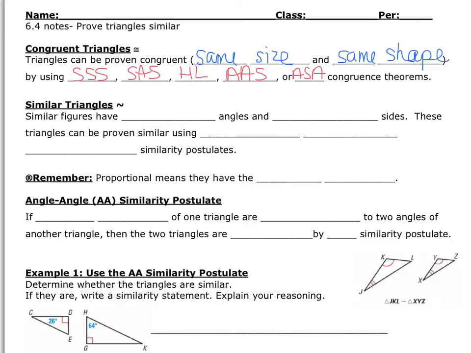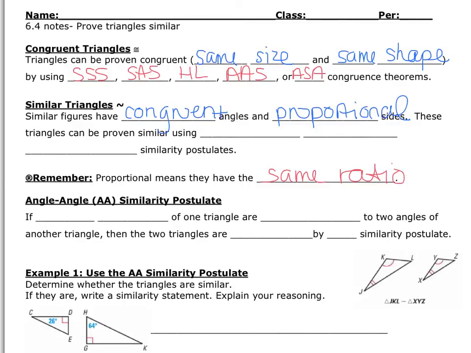Similar figures have congruent angles. And remember, they have proportional sides. Proportional means that they have the same ratio. Remember, a ratio is just a fraction.